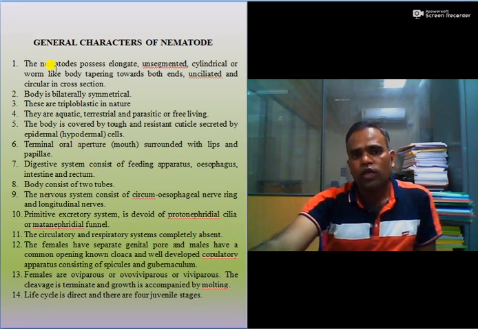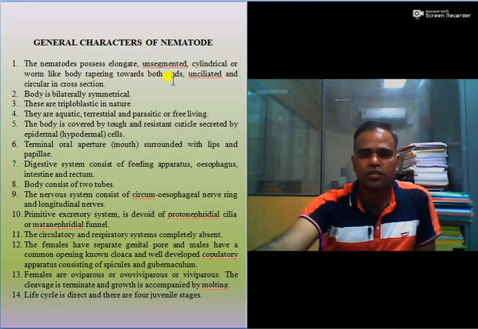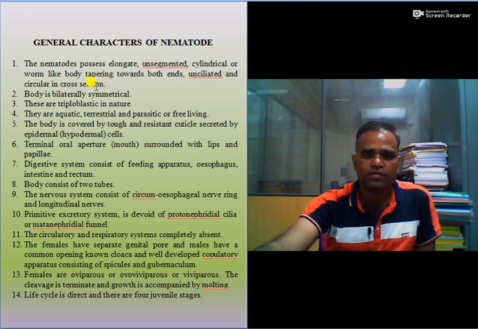So the nematode possesses an elongate, unsegmented, cylindrical or worm-like body tapering toward both the ends. It is unciliated, so no hair-like projections or structures are there, and circular in cross section. So elongated body we have seen.